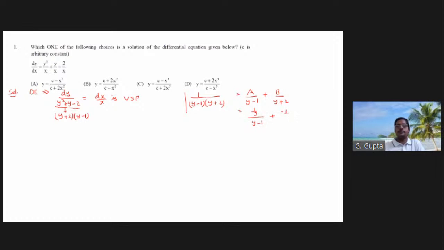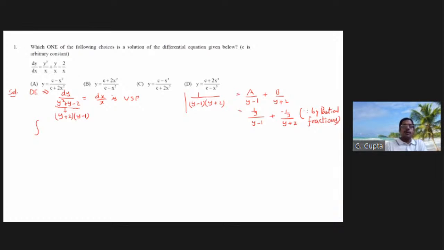Later you check. This is simple solving of partial fractions. Now back to this, integrating along with partial fractions.